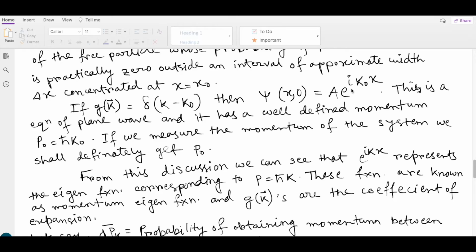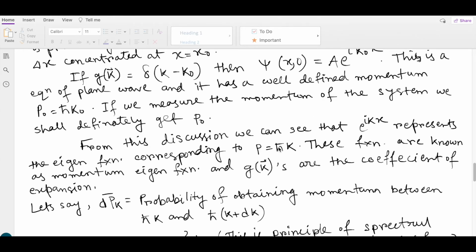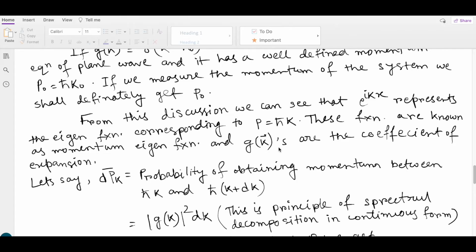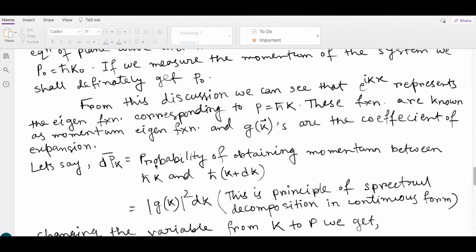From this discussion we can see that e to the power ikx represents the eigenfunction corresponding to momentum p equals h cut k. These functions are known as momentum eigenfunctions, and g(k)'s are the coefficients of expansion. As I have told you already, g(k)'s play the same role as c_i, which is used in the discrete case.